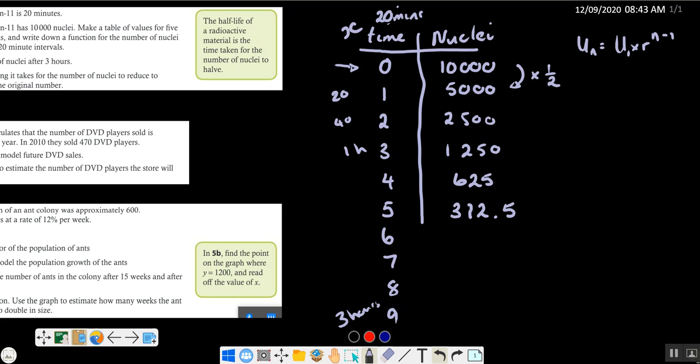So U1 is what? 10,000. But the time period is 0. So this is the main difference between a geometric sequence and an exponential function.